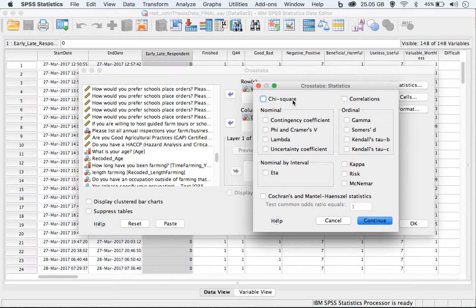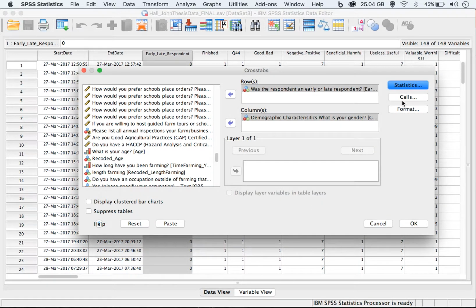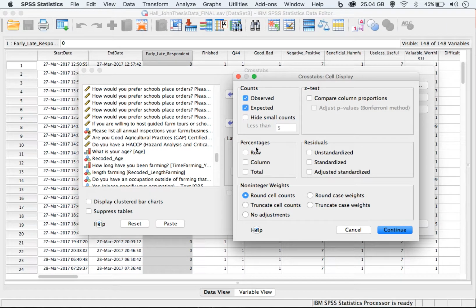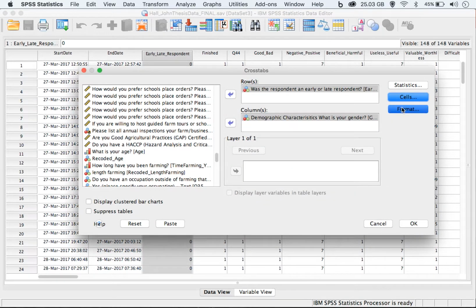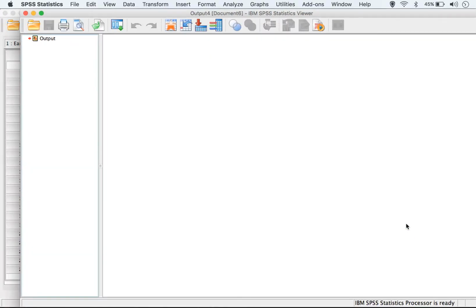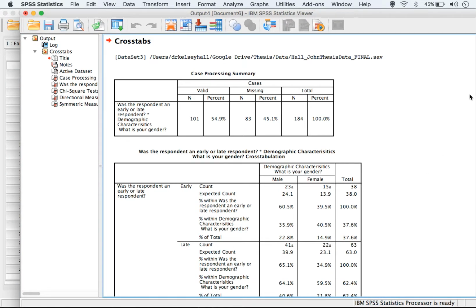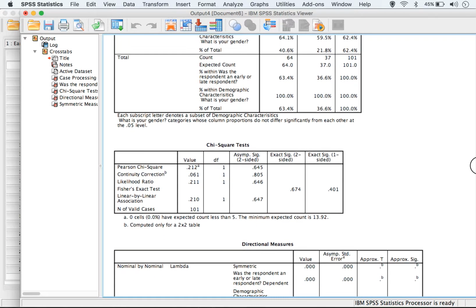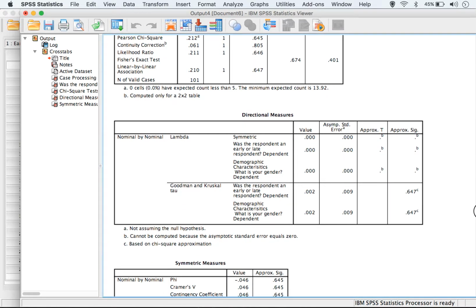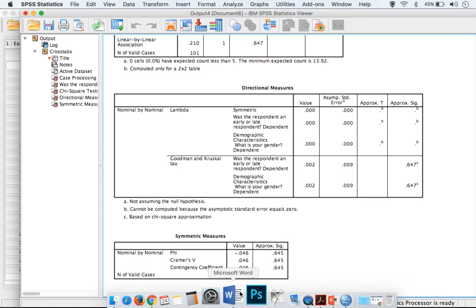I'll make sure my statistics chi-square, cells, expected, my row, column, and total percentages. I'll compare column proportions. I'll adjust the p-values. Hit continue. Format. I'll keep it ascending. Click OK. And what I'll do is I'll go into our PowerPoint presentation now and actually show you how I interpreted all the data here.